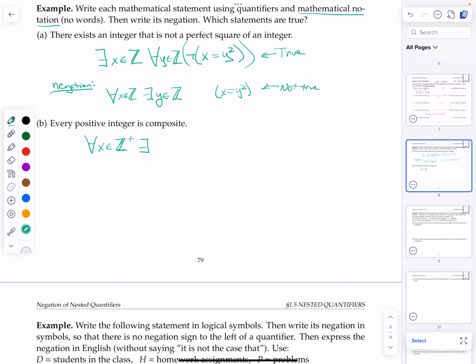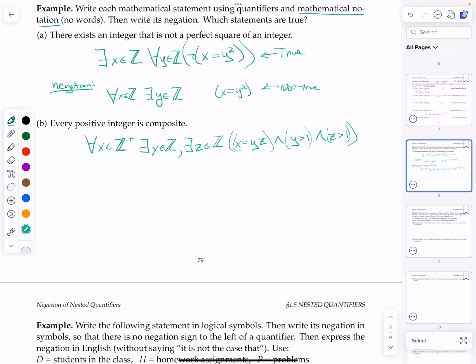It means that there exists a y and there exists a z, and what we want from this is that x is equal to y times z, and y is greater than 1 and z is greater than 1. That's really what it means for a number to be composite.